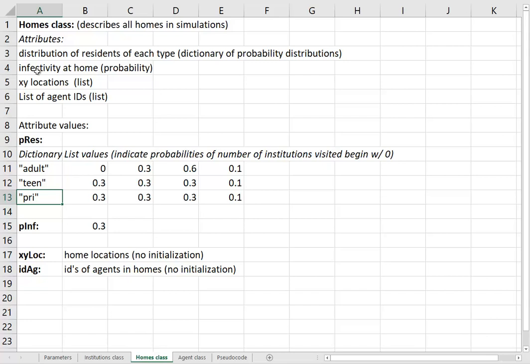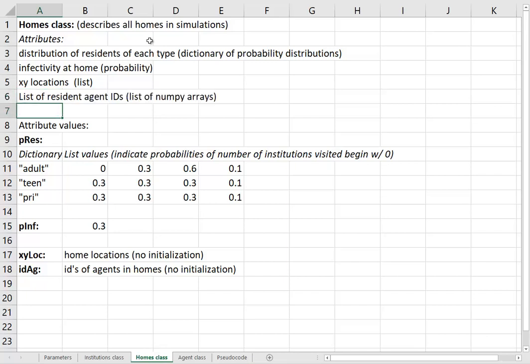The XY locations of all homes, and the IDs of agents in all homes. So this is, in fact, going to be a list. It's going to be a list of arrays, because each home is going to have a different list of residents. So I can call these resident agent IDs.